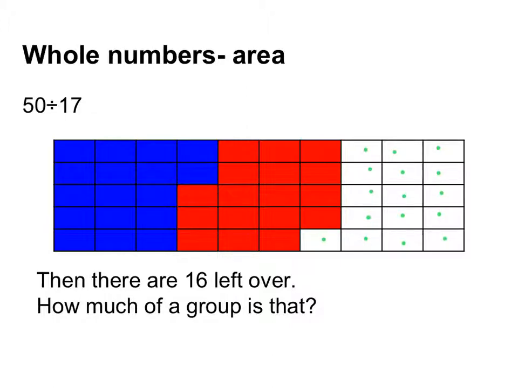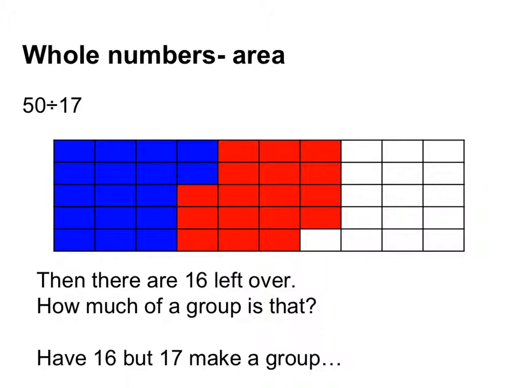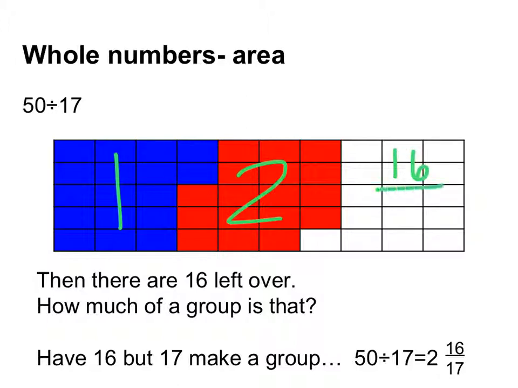Well, I have 16 when 17 make a group. That means I have 16/17 of a group. So 50 divided by 17 is 2, and then 16/17. There are 16 pieces that are still white. 17 would make a whole, so it's 16/17.